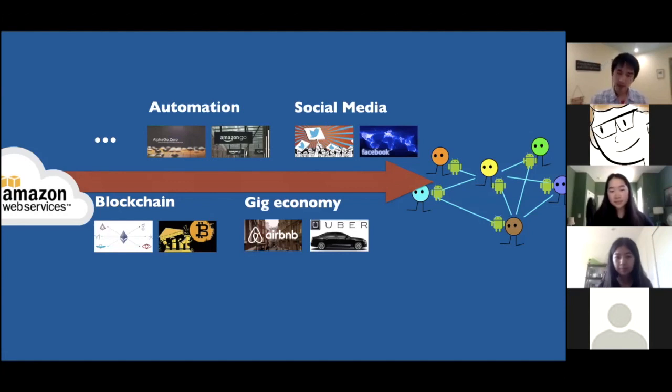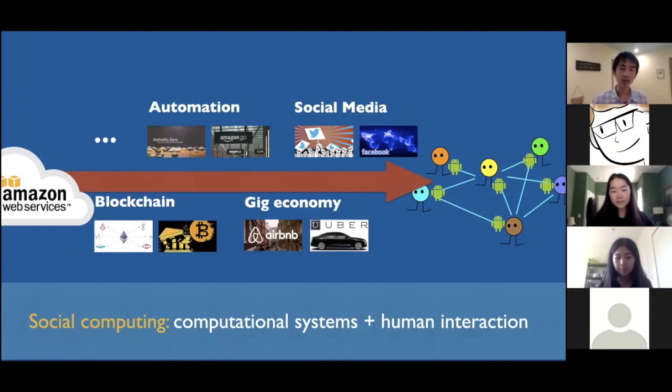So that's really what social computing is about. It's no longer just studying technical systems, but systems where there's both a computational component and also a social, a human interaction component. And you're trying to understand these, we call them socio-technical systems.